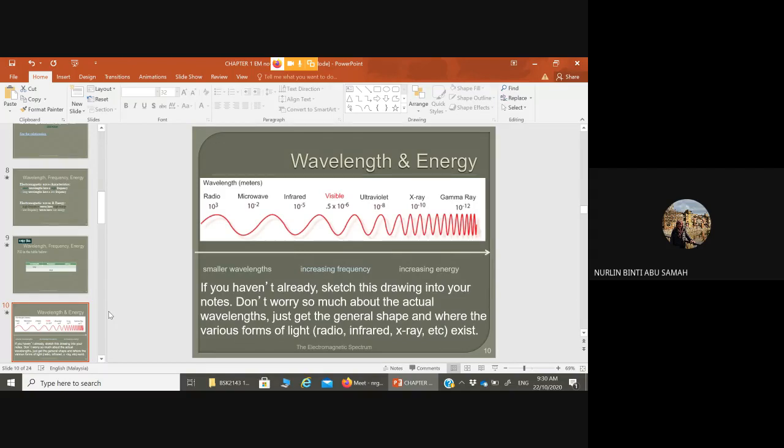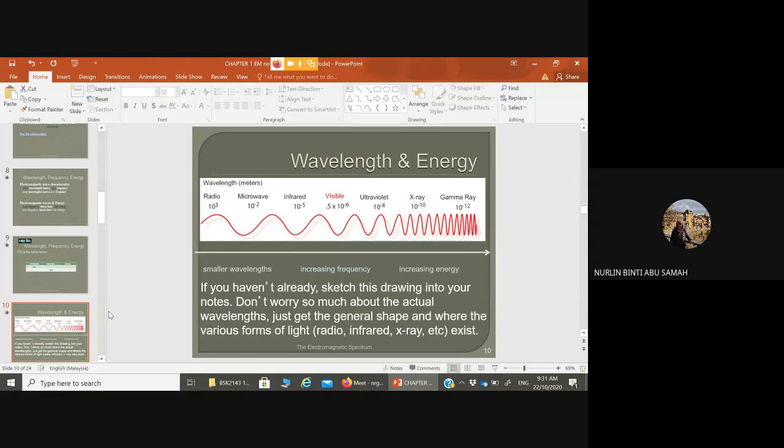That's why in instruments, basically we don't use radio as the source of energy, because the energy is considered low. That's why you can always hear the radio. The energy from radio is not very high, so it will not harm your body.